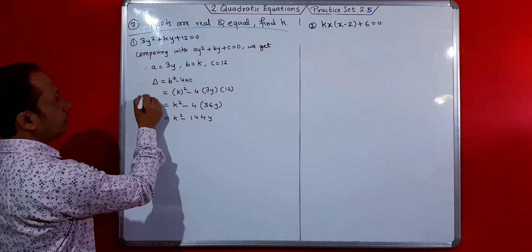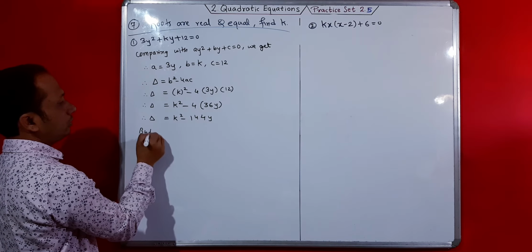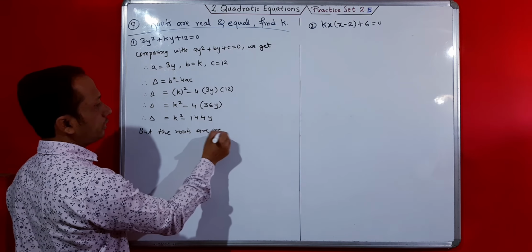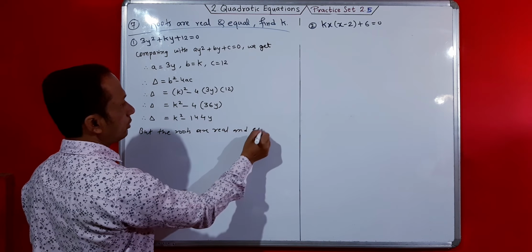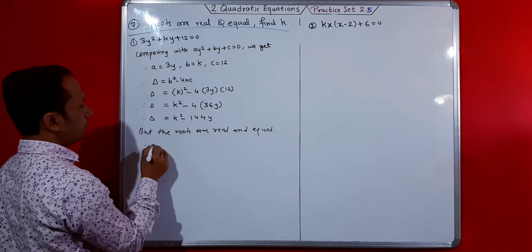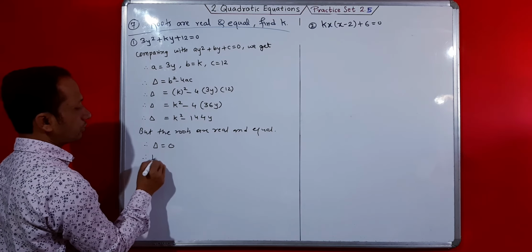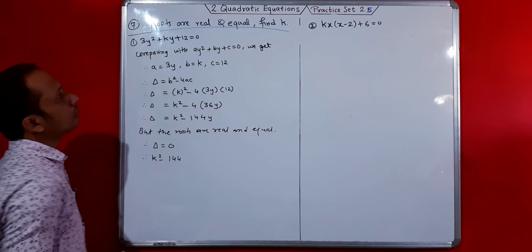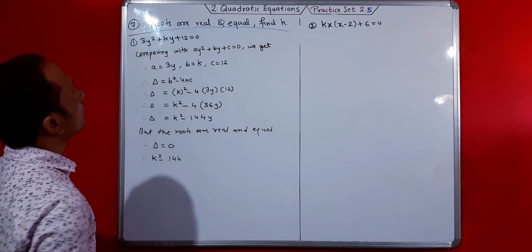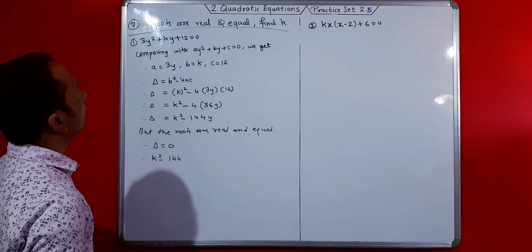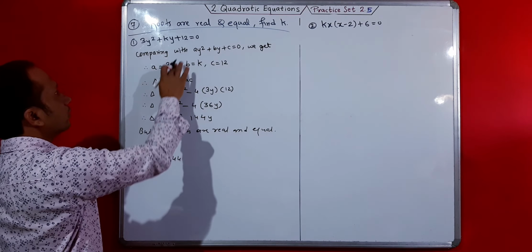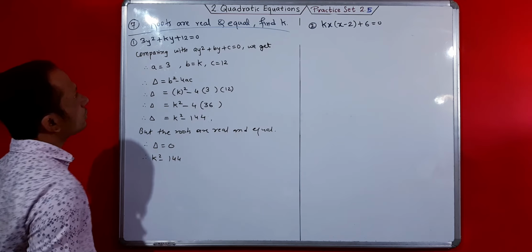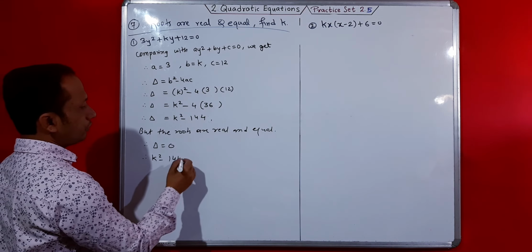But the roots are real and equal, so therefore delta is equal to 0. Therefore k square minus 144y, no, there is no y actually. Where is y? It is 3 only. Sorry, this is not y actually, this is 3 only. So k square minus 144 is equal to 0.